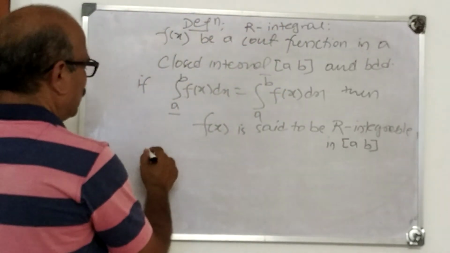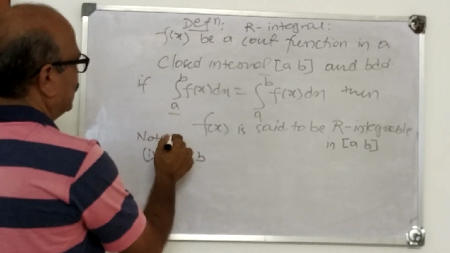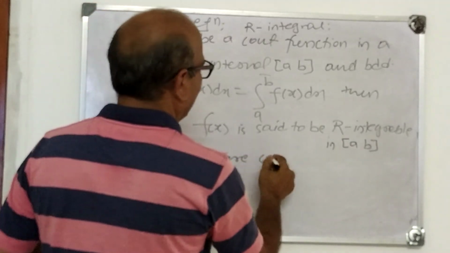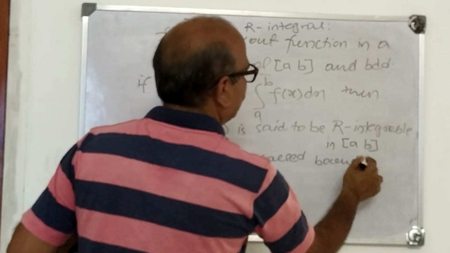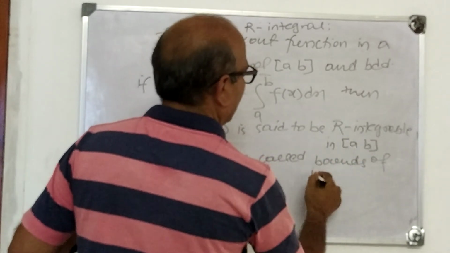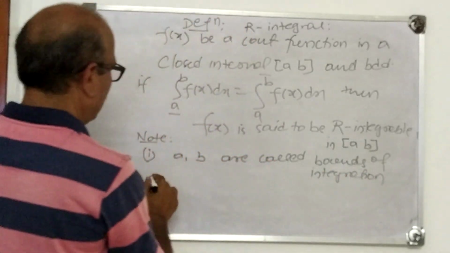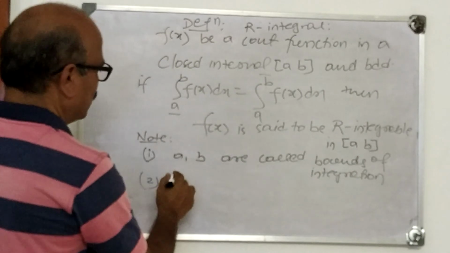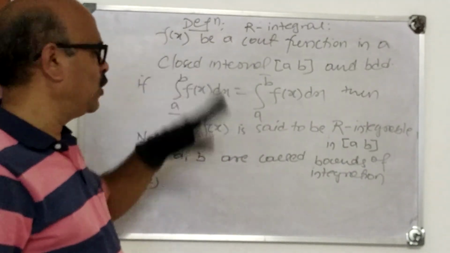Now here the first important thing, you can say these are notes. First, a and b are called limits or bounds of integration. Second, the important thing is, in case of Riemann integration, two conditions are important.